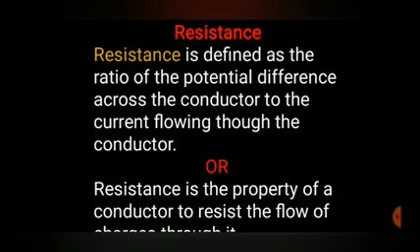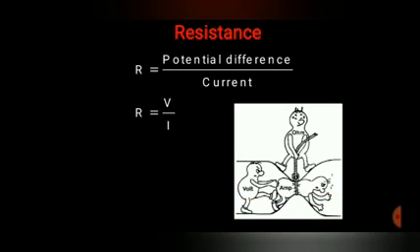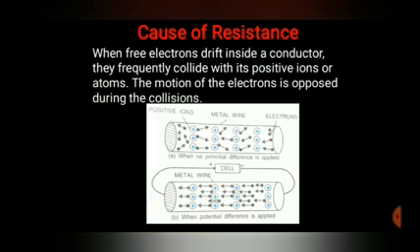What do you mean by resistance? Resistance is defined as the ratio of the potential difference across the conductor to the current flowing through the conductor. Or resistance is the property of the conductor to resist the flow of electrons through it. So resistance R is equal to potential difference by current, R is equal to V by I. What is the cause of the resistance?